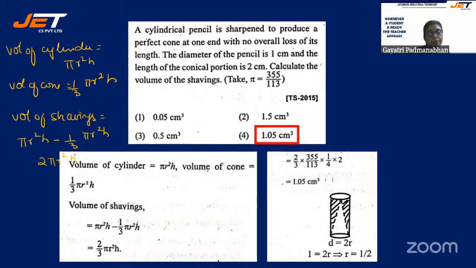Here you are going to take 2 by 3, pi value is 355 by 113 into r square, which is 1 by 2 the whole square, 1 by 4, into height is 2. So you end up with 1.05 centimeter cube.